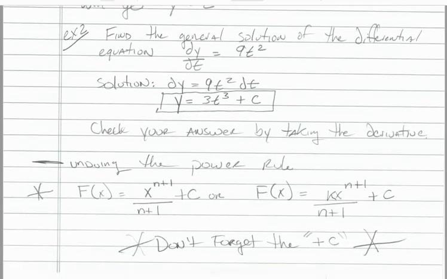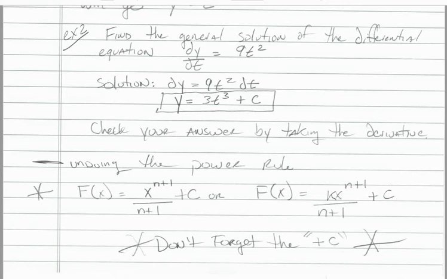We want to find the general solution of the differential equation dy dt equals 9t squared. First we have to set it up in a good equation form, so we rewrite it as dy equals 9t squared dt. Now we have to be able to undo the t squared. We're going to get into the power rule.